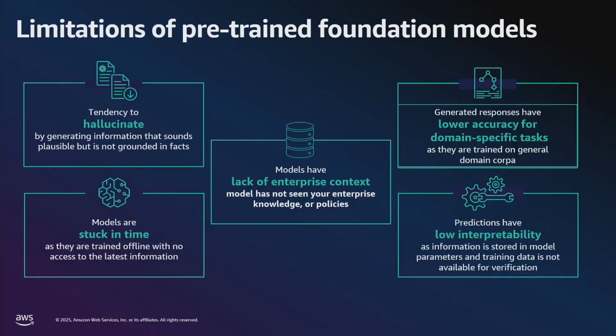These models are stuck in time. So if your knowledge base keeps updating, you have to retrain the model. But that comes at a cost. And the models have very low interpretability, because all the knowledge stored in the LLM is in the form of parameters. So if you want to verify the source of the answer, you cannot do so. And that may be a problem for certain businesses, right?